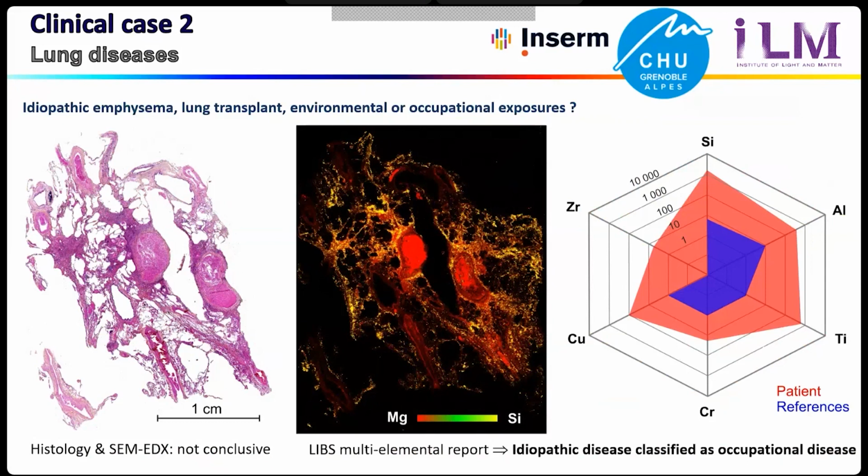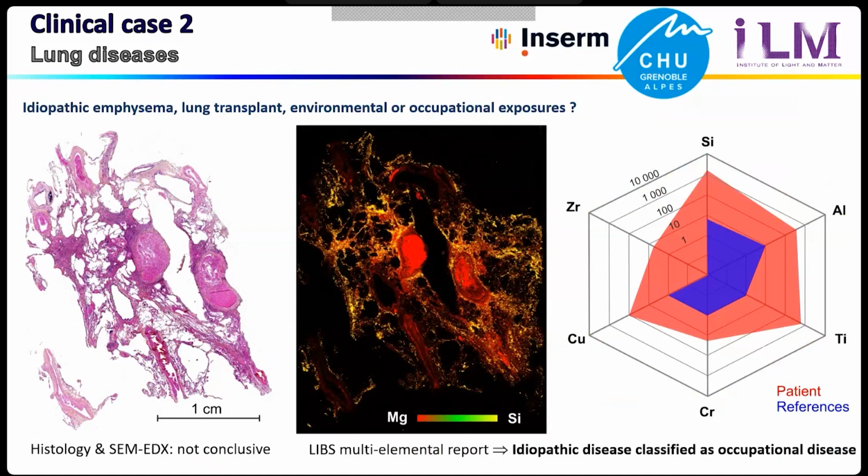And Vincent was suspecting an intoxication with an agent related to the professional history of the patient. So he made a lot of tests, ICP, SEM, etc., and none of the techniques were able to reveal any metals. And so we got this tissue, we made the analysis, and these are the results we got.